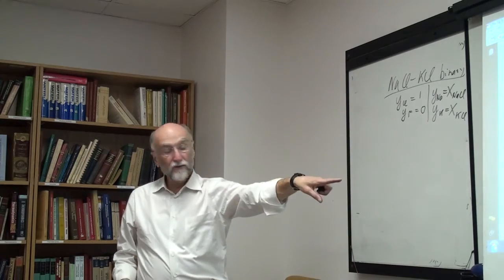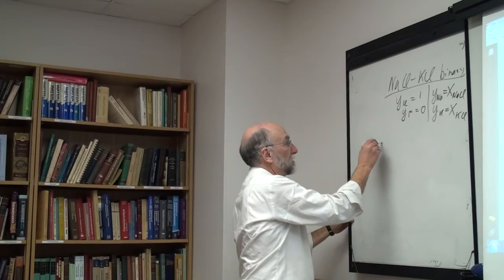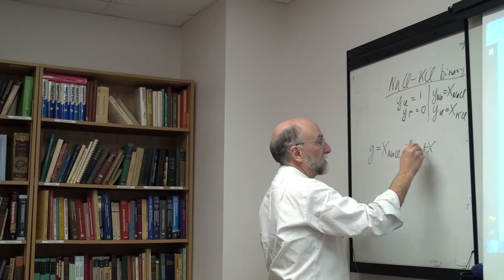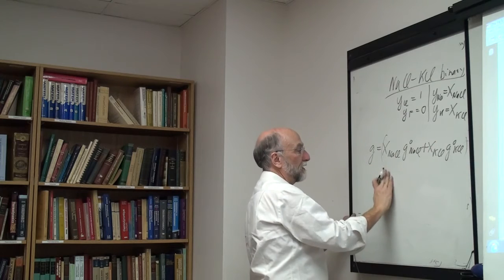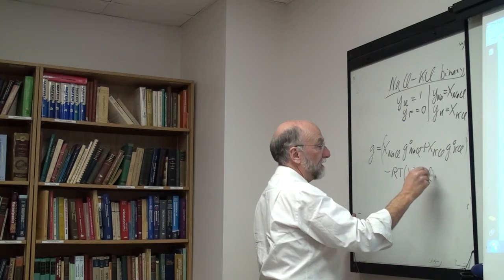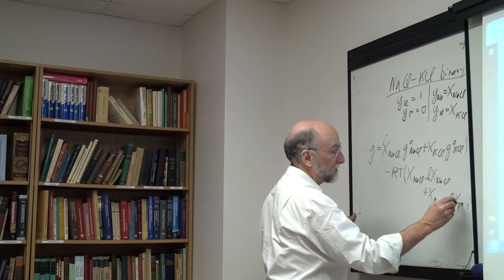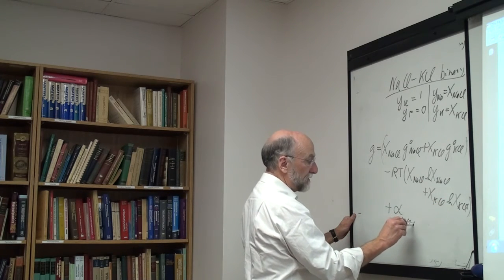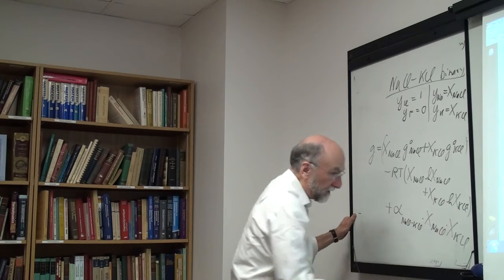Make those substitutions into that equation, and you will find that G equals X sodium chloride G naught sodium chloride, plus X KCl G naught KCl, plus RT times X sodium chloride ln X sodium chloride plus X KCl ln X KCl, plus alpha NaCl-KCl times X NaCl X KCl.